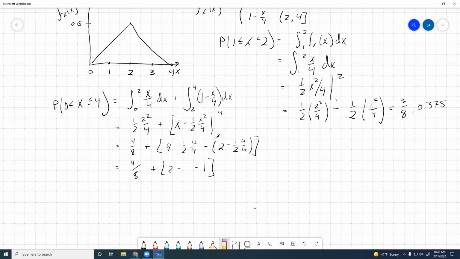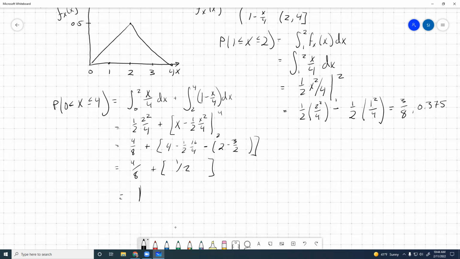So this is 4 times 1/2, which is 2. So 4 minus 2 is 2. And then minus 3/2. Okay, so 2 minus 3/2 should give us 1/2. And then we get 1.